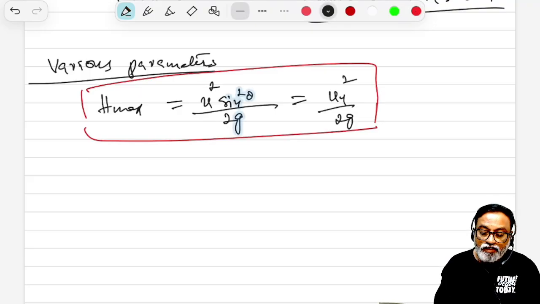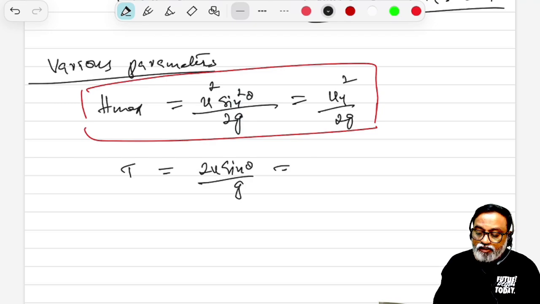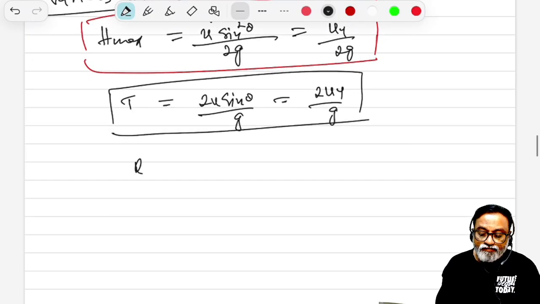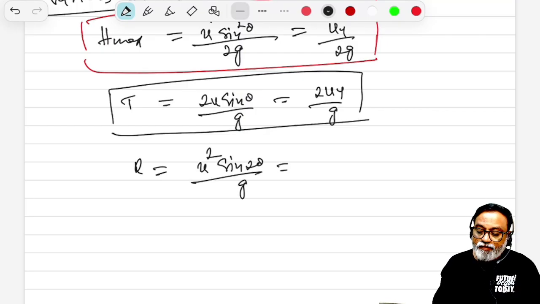Next one, time of flight T is equal to 2u sin theta by g. This becomes 2uy by g. Another one, range. Range is equal to u square sin 2 theta by g. This becomes 2 into uy into ux by g.